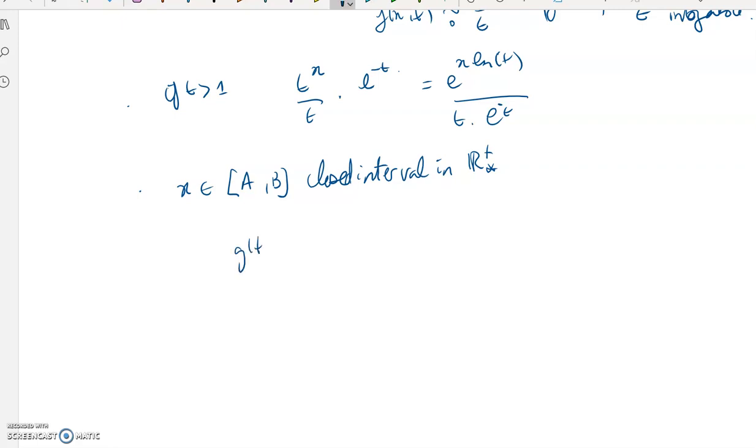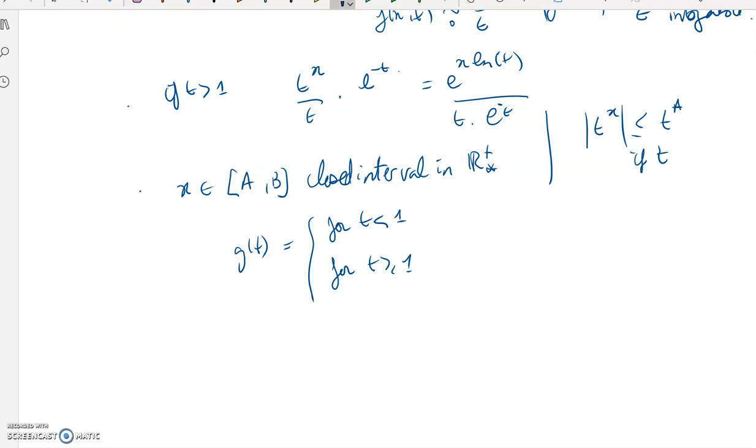So again, we're going to build our function in two parts. One part for t strictly smaller than 1, and one part for t bigger than 1. So we said that when t was smaller than 1, we needed to bound from above t to the power x. But if x is bigger than a, then that's just going to be smaller or equal to t to the a, if t is smaller than 1 and x bigger than a.